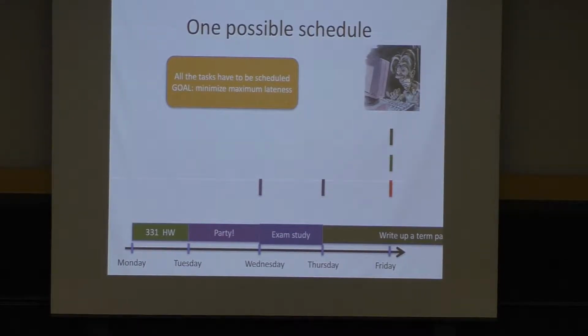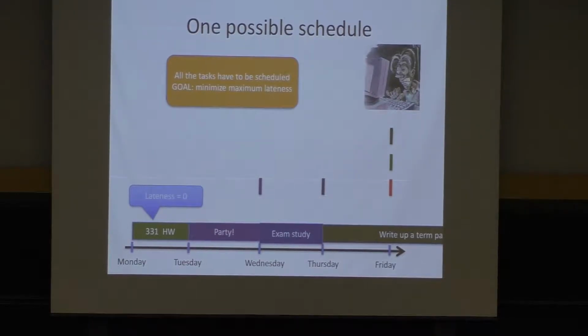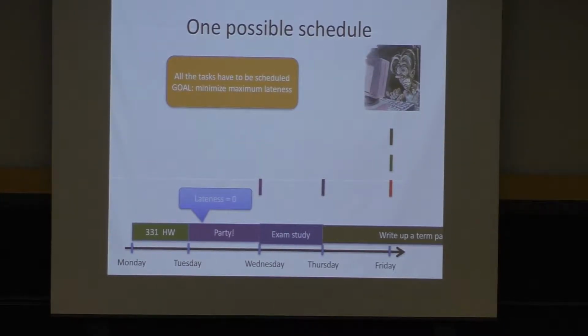Now what you want to figure out for each job is how late were you, right? And unfortunately, you don't get credit for finishing early. So the lateness for doing 331 homework is 0 because you finished it by the deadline. You just about managed to squeak in your party by the deadline, so it was not late again.